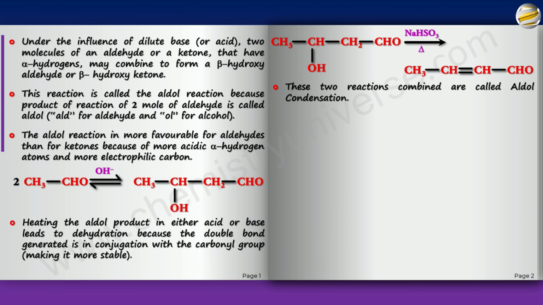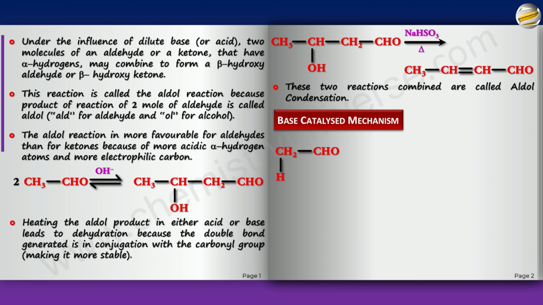Now remember, this can be catalyzed by both base and acid. So let's first check out the base catalyzed mechanism. You have the aldehyde, and remember we clearly said it has alpha hydrogens. The reason we need alpha hydrogens is because this is going to act as an acid. It gives this acidic H to the base.